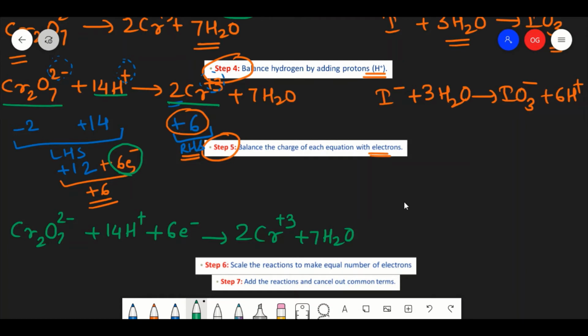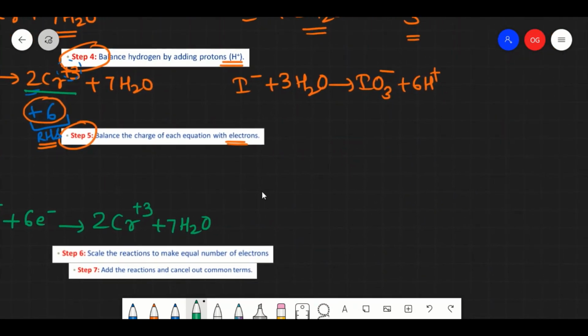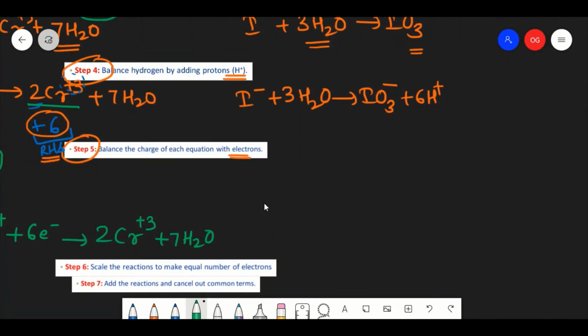Now let me see what is happening over here. As far as the charges are concerned, there is one negative charge on this side, and 6 positive charges on this side. So my right hand side becomes plus 5 and my left hand side is minus 1.